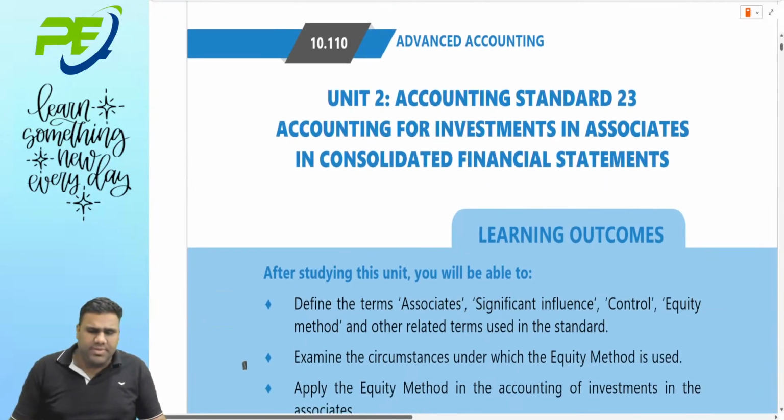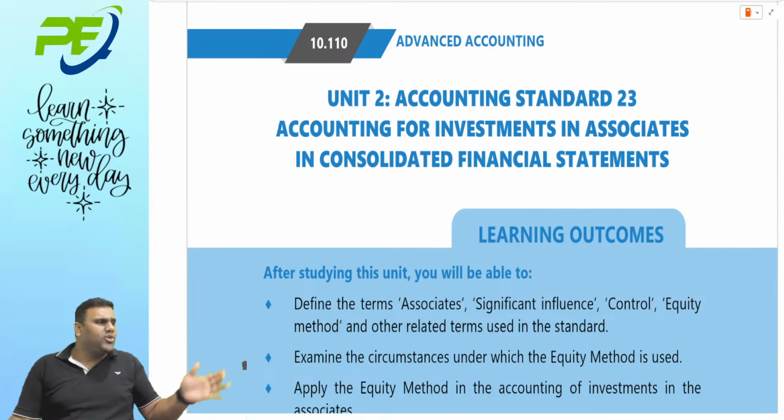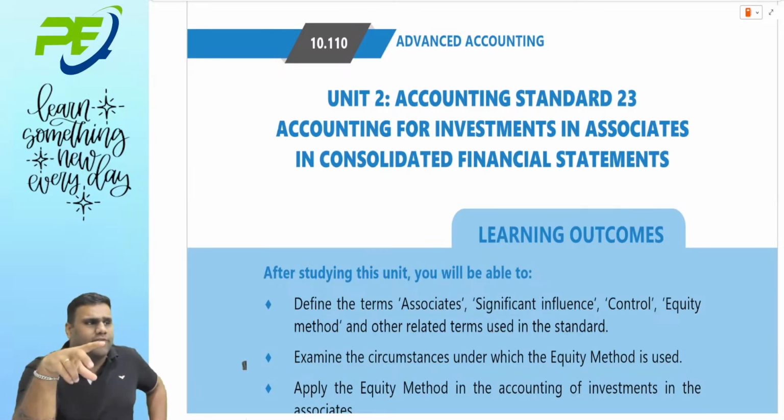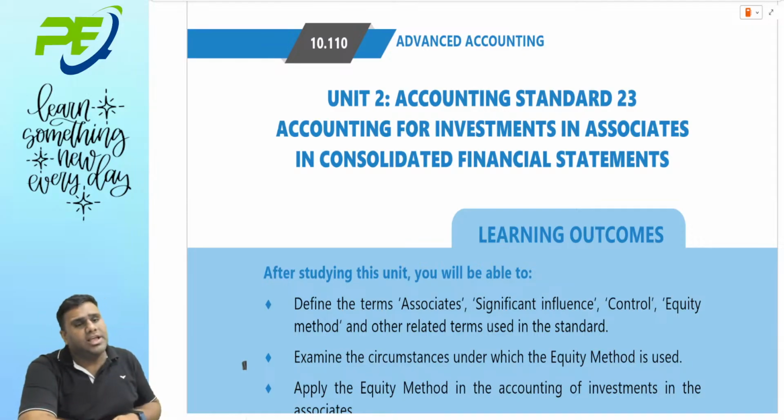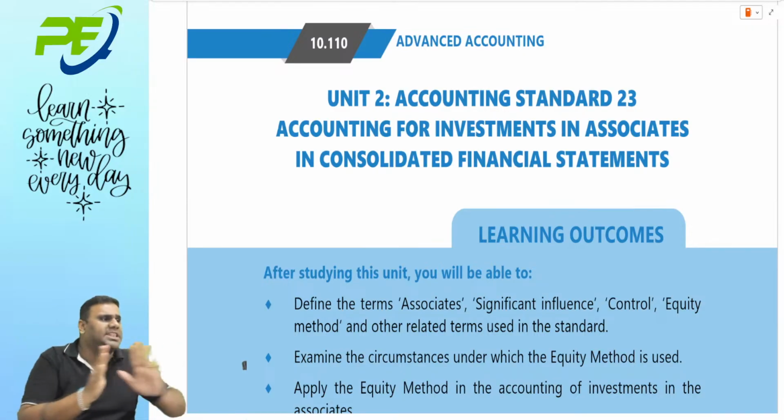Accounting for investment in associates in consolidated financial statements. So in consolidation, we not only add the balance sheets and the values of subsidiaries, but we also add associates and joint ventures. But here, do we add the entire balance sheet? The answer is no.